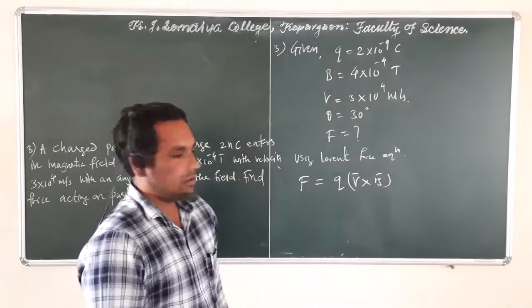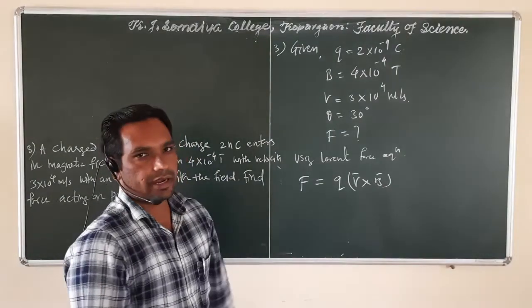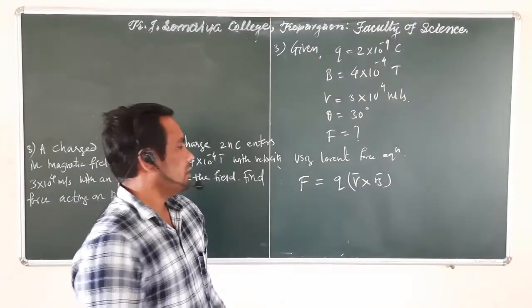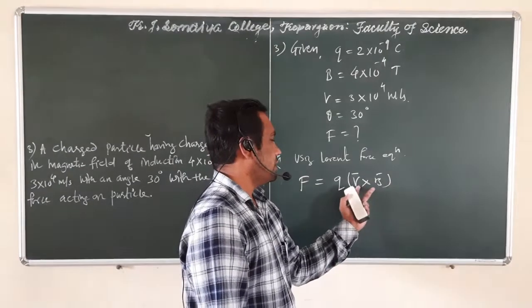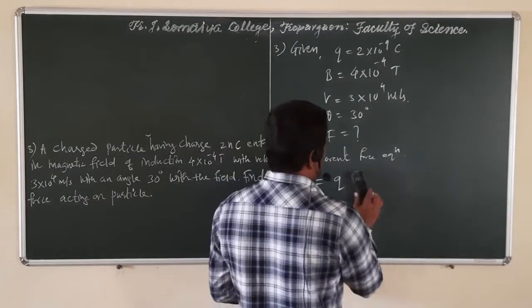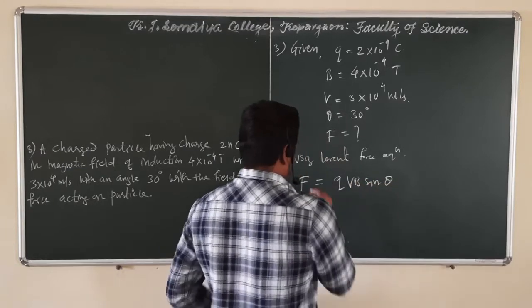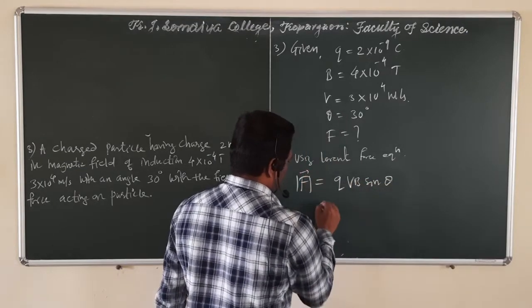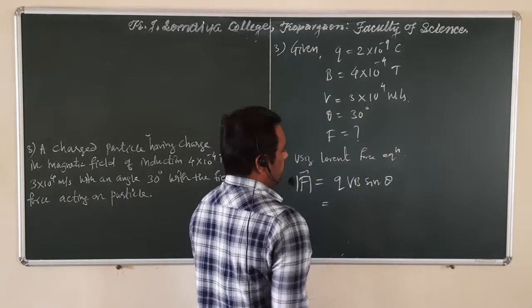Okay, we have studied this when a charged particle enters an external magnetic field. So force is Q into V cross B. So we know that V cross B is V into B sine theta. So the magnitude of this force is, now we have to just plug in the given values.